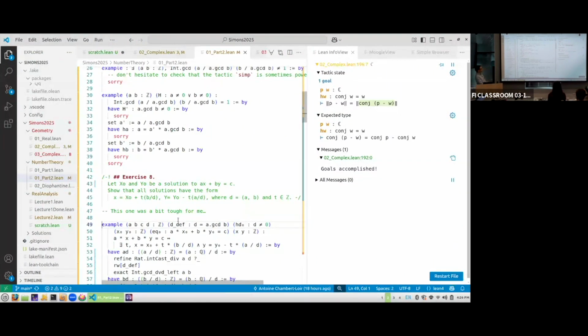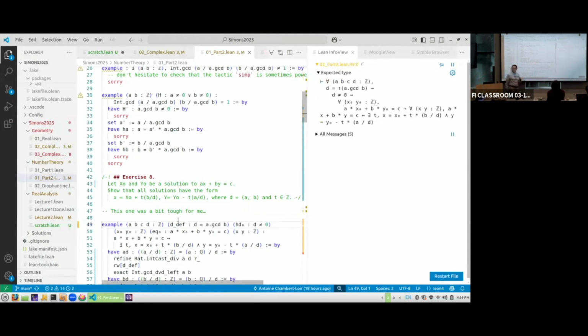So I'd like to look at exercise 8. It says, suppose that we have a solution to a linear Diophantine equation, ax plus by equals c, and show that you can get all x and all y by doing a certain parametrization where you take x naught and y naught and you add integer multiples of b over d and a over d, where d is the GCD.